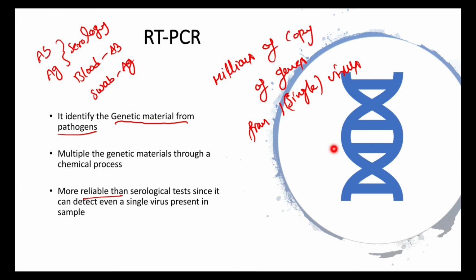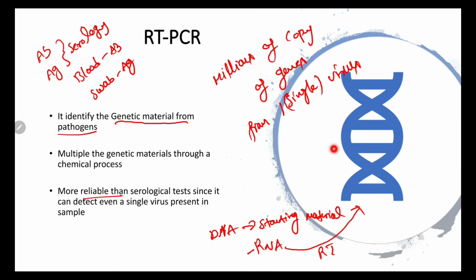Then why is it RT-PCR, why not PCR? One thing we should remember here: PCR requires DNA as a starting material, but our virus is an RNA virus. So what we do here is convert this RNA into DNA by adding one simple enzyme, that is reverse transcriptase.